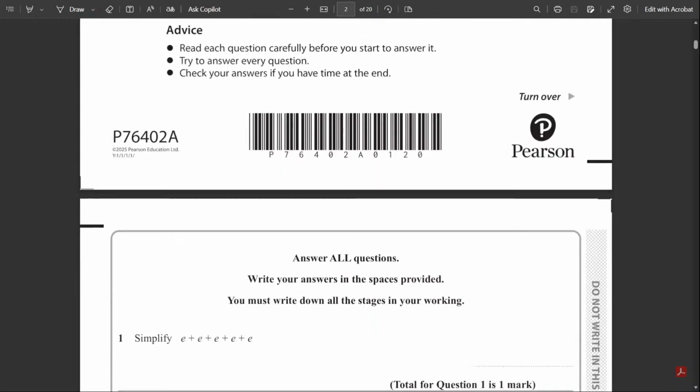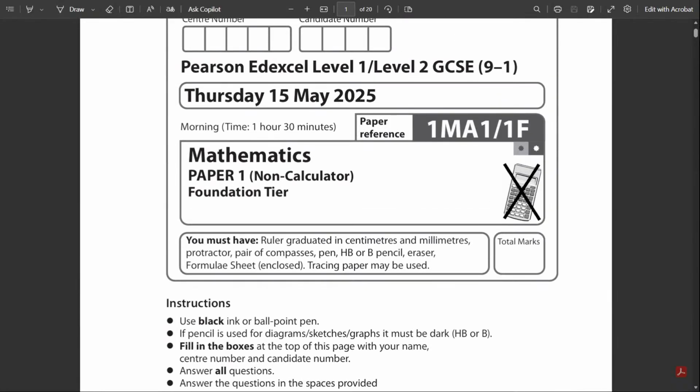Hello. I'm going to try and go through this Edexcel paper as quickly as possible until we get to the question where it's grade 4 and grade 5 questions. If you're going through it, I would suggest that you make a comment if you're not sure about anything.